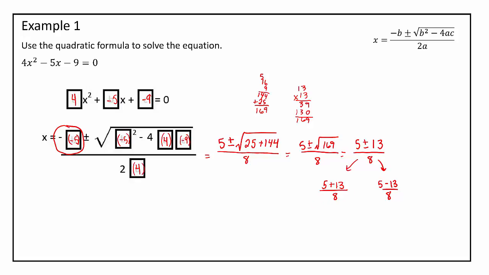So we would actually work this out. 5 plus 13 is 18 over 8, which simplifies to 9 over 4. This is one of our answers for x. Then we do the same thing with the second expression. 5 minus 13 is negative 8, over 8 is negative 1. So our 2 answers here are 9/4 and negative 1. That is what x equals.